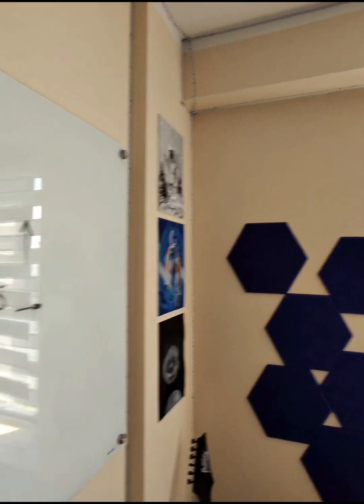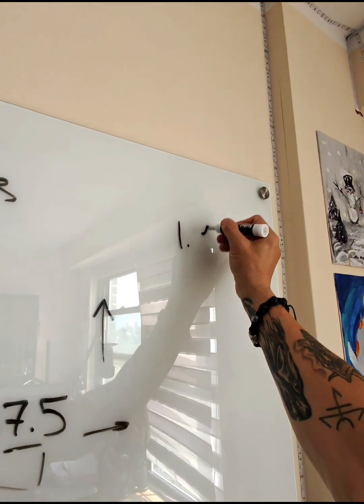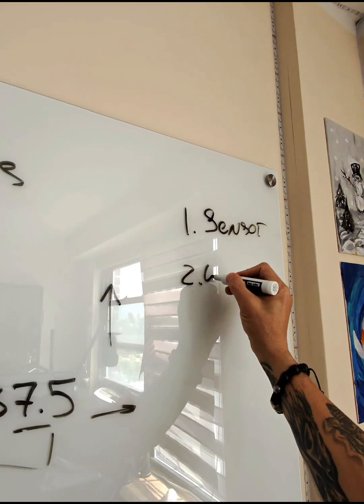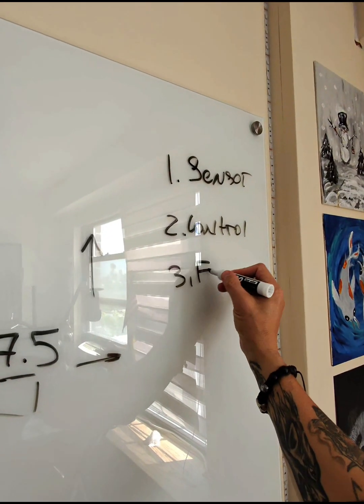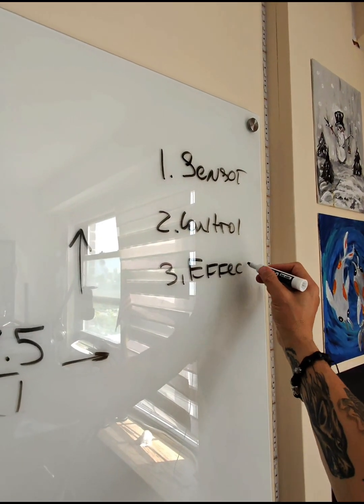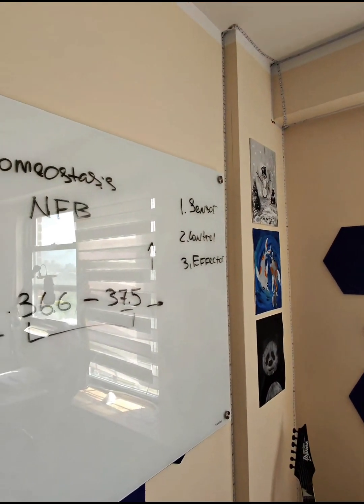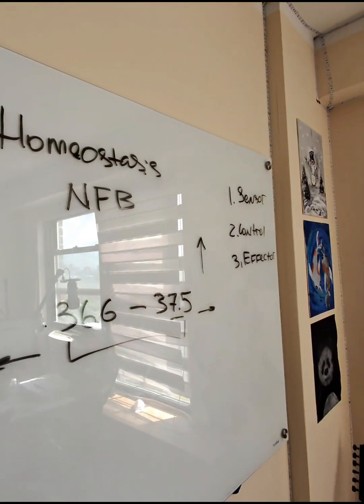So with homeostasis and negative feedback, we have three players: a sensor, a control, and an effector. Sensors sense the environment.